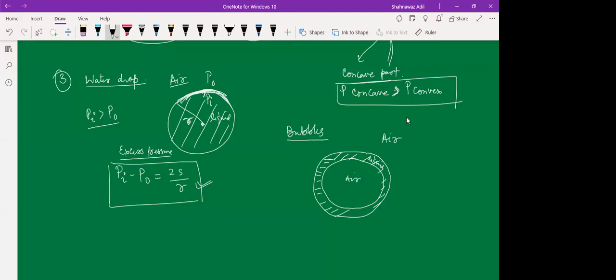So we had three layers. This was P inside, this was P outside. And when we calculated the excess pressure of a bubble, we got 4S by R. Do you guys remember these things? Yes, sir. So whenever we have three layers, this would be 4S by R. Whenever we have two layers, this would be 2S by R.